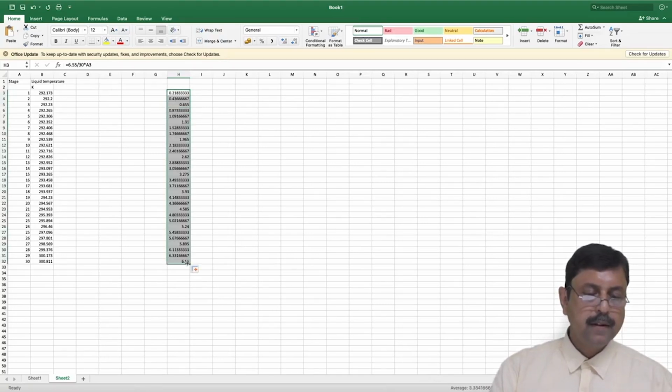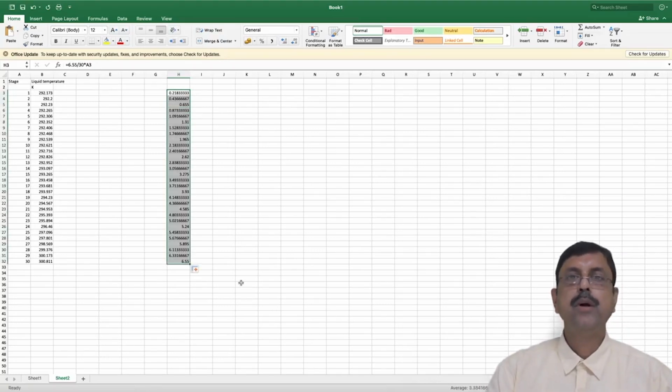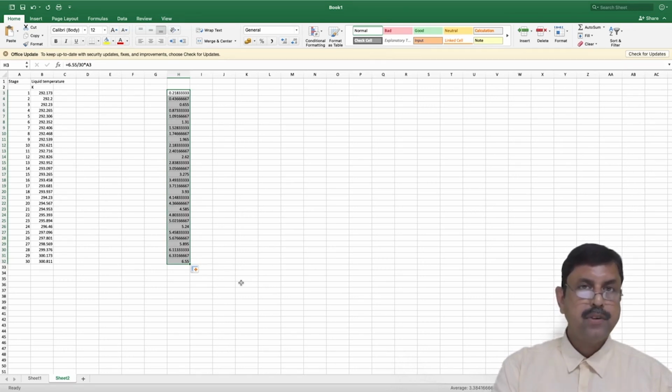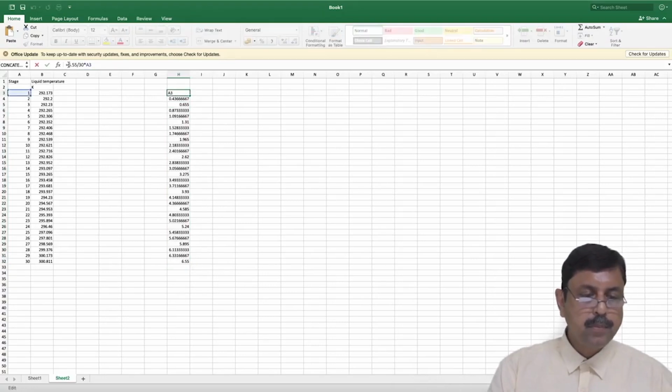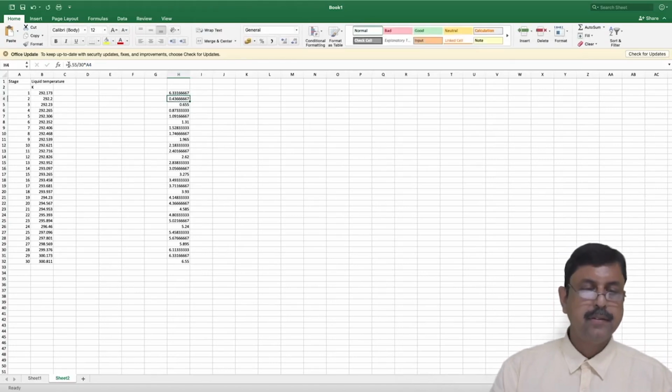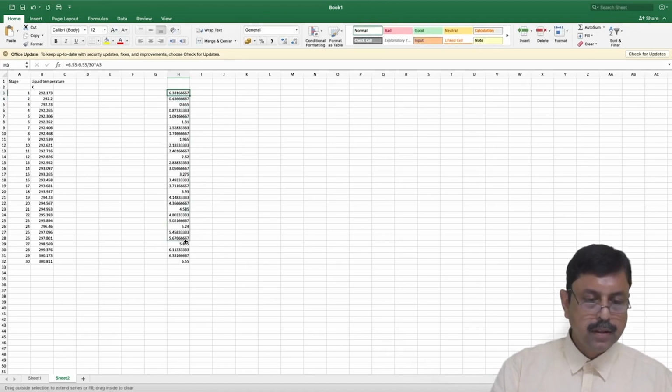Likewise, 6.55 is the length of all 30 stages together. So distance from the bottom will be 6.55 minus this. For everything.